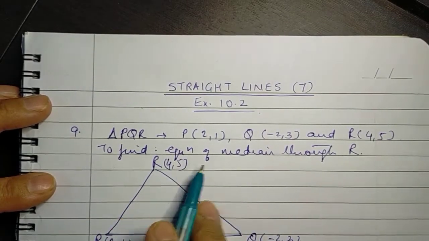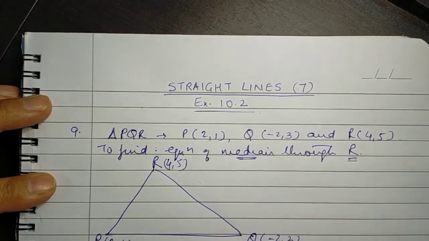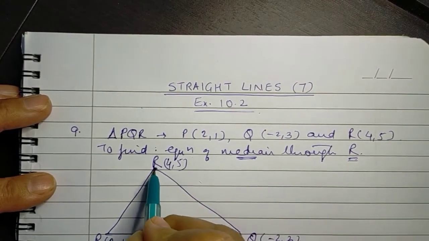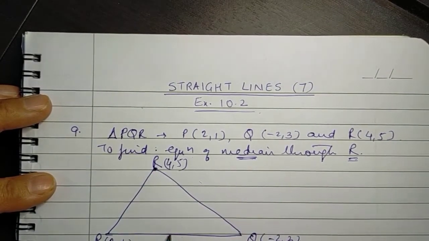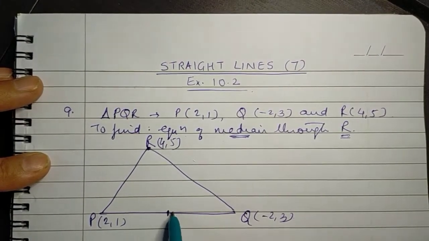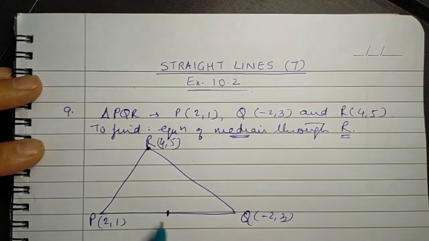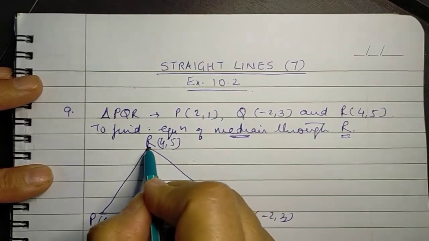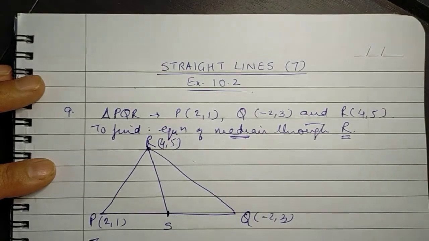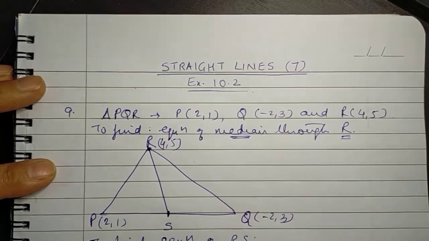Now what is required is the equation of median through the point R. Now we know that median is a line from the vertex onto the midpoint of the opposite side. Now here let's pinpoint the midpoint and let us call it as S. Join R and S. So basically to find equation of RS.